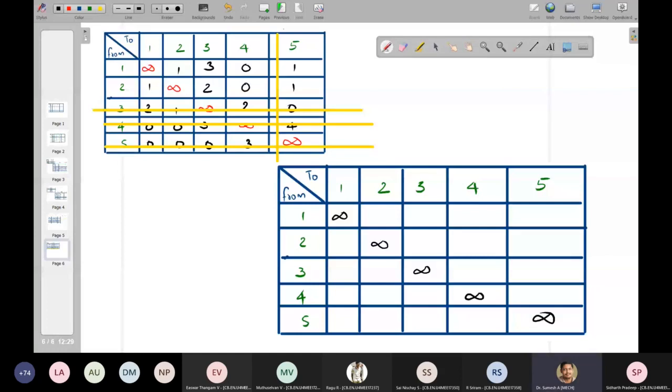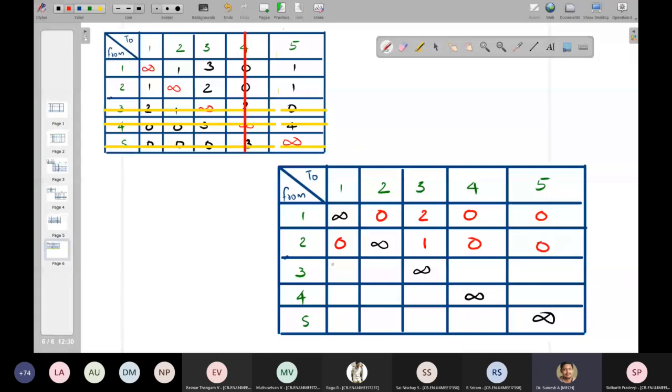So 1 you have to subtract, so this will become 0. 3 becomes 2, infinity remains infinity, and this is also 0. So 1 becomes 0, 2 becomes 1, 0 remains as it is. This 1 is also 0 right now, so that is untouched. 2, 1, infinity.